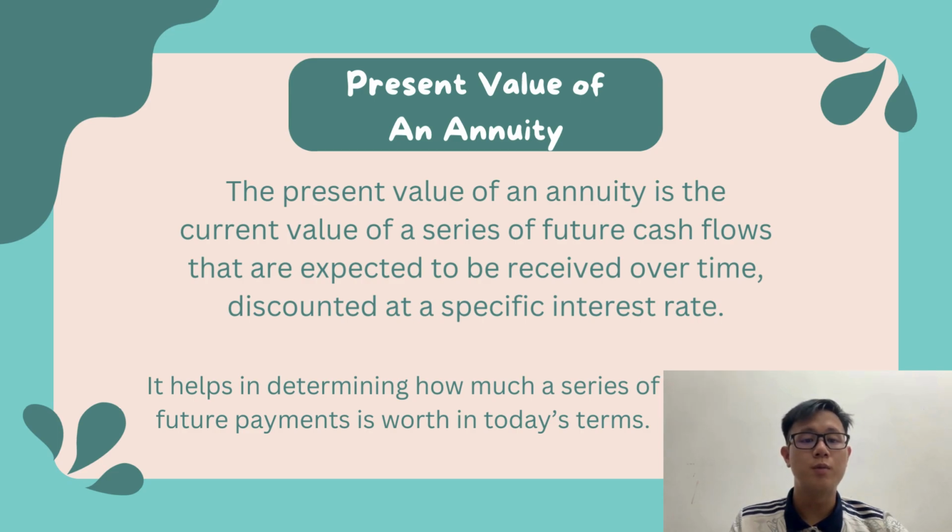And now, we'll be moving on to the present value of an annuity. The present value of an annuity is the current value of a series of future cash flows that are expected to be received over time, discounted at a specific interest rate. It helps in determining how much a series of future payments is worth in today's terms.